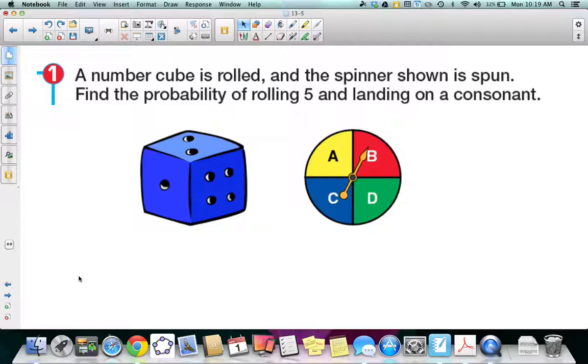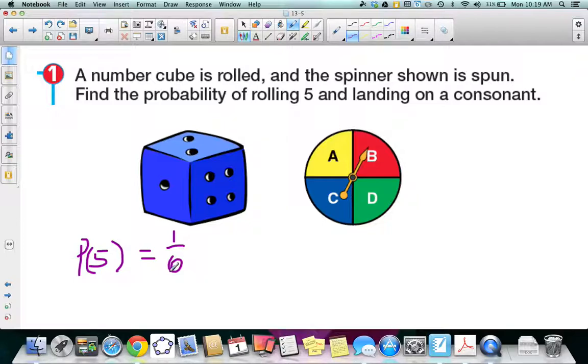So let's look at the probability of rolling a 5 on a number cube. The probability of rolling a 5 will be equal to, there is only one number 5 on the die and 6 possible outcomes, so it's 1 over 6.